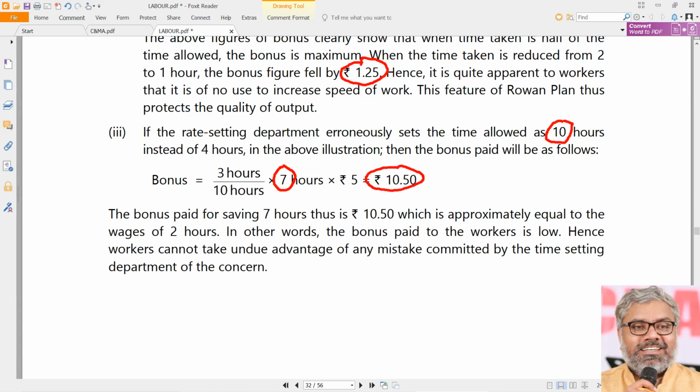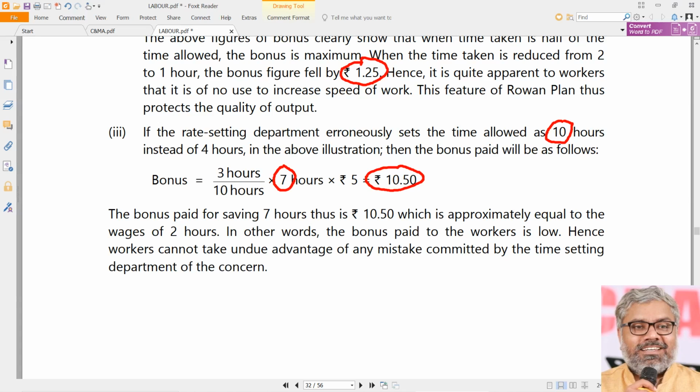If, for example, the Halsey plan was used, how much would it have been? The bonus would have been 50% of the time saved into the rate per hour. So the time saved here is how much? That is 7 hours. Only 30% is given now, not 50% of time saved.